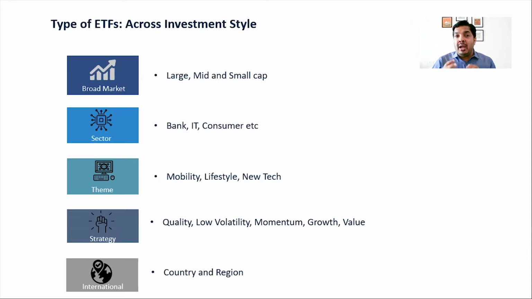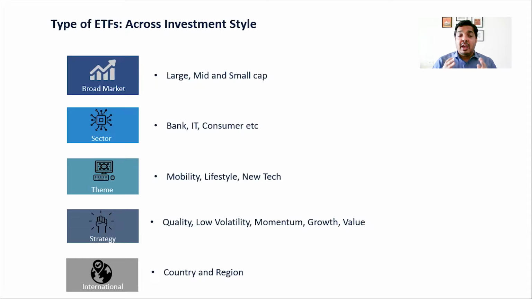But if you're building a smart beta ETF, your weighing will be, let's say, only factor based, or it can be based on multiple factors and market cap. So there will be some portion of factor which will tilt the weight towards securities which are doing better on these factors in the portfolio.